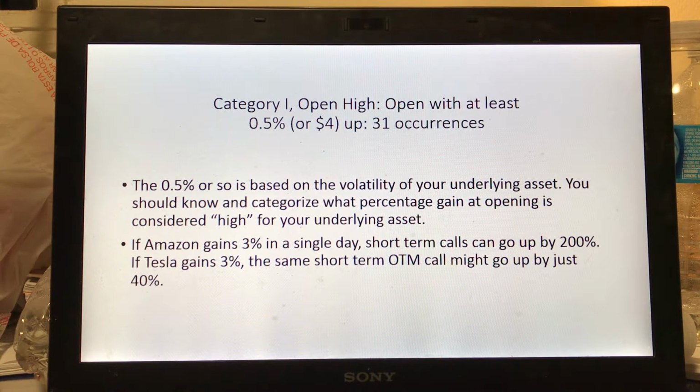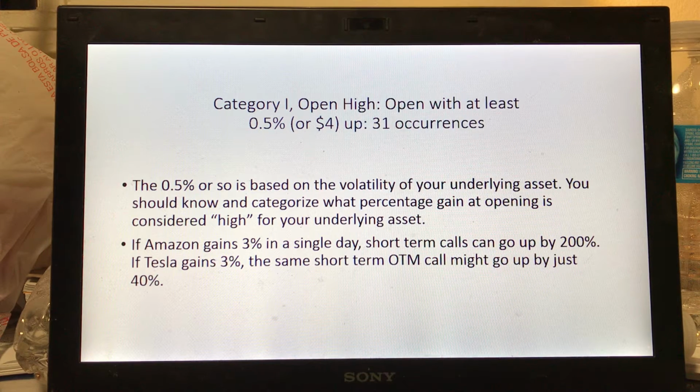each situation can occur. For the first category, I will classify this as the stock opens at a high level, which for Amazon stock means it opens at least 0.5% or $4 up. Since the Amazon stock price at that time is about $700 to $900, now it's definitely not $4.